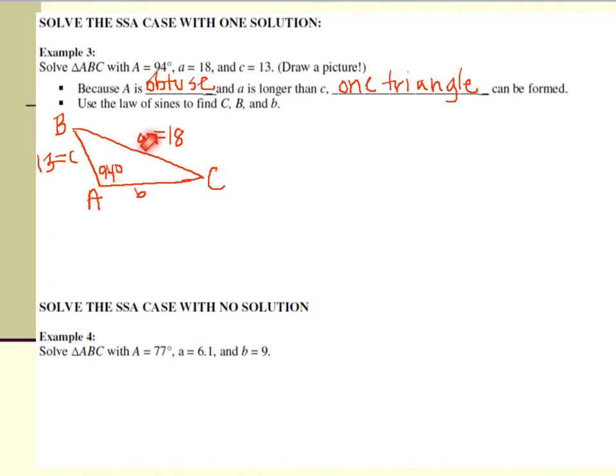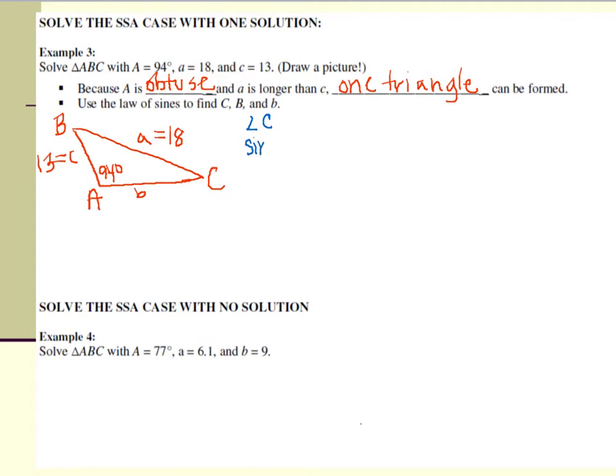So here's the proportion that I can write. Sine of 94 over 18 equals, let's start by finding angle C here. So this will be the sine of C over 13. So that was angle C that we're looking for first.